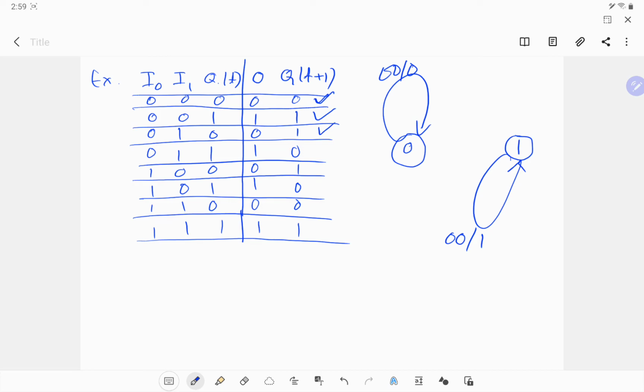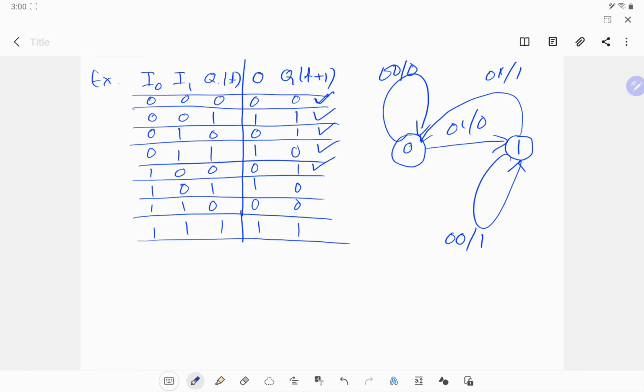Then we have 0 to 1, the state transition. Input is 0, 1, output is 0. Then we have 1 to 0. Input 0, 1, and output is 1.